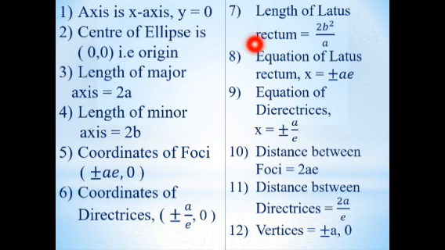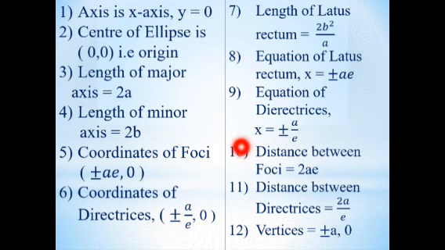The length of latus rectum is 2b square by a. The equation of latus rectum is x is equal to plus or minus ae, and the equation of directrices is x is equal to plus or minus a by e.